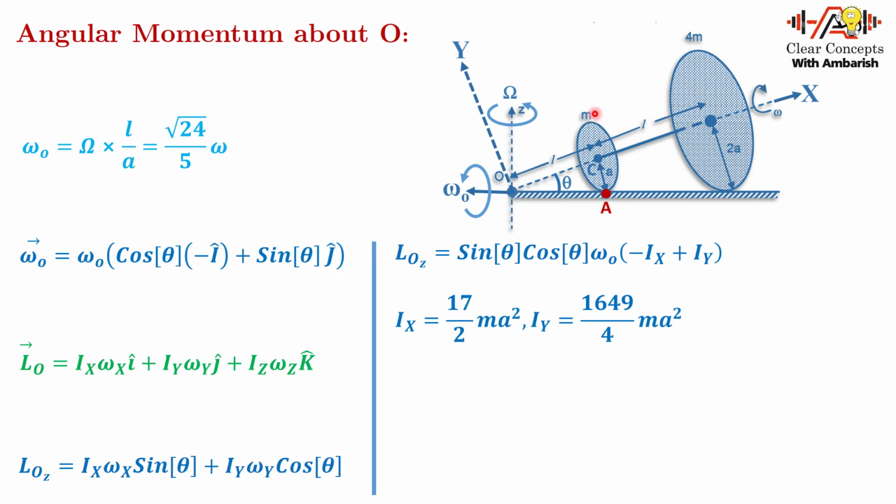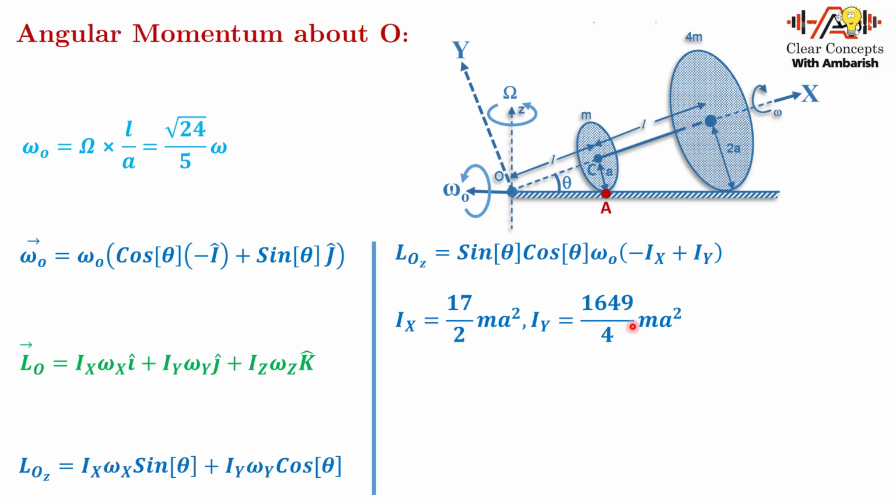So straight away you can see that whatever you get for this, the result for this will be 16 times that. So you can find the result for this and multiply it by 16 and add, which gives you 17 by 2 ma square. You can use that as a trick for calculation. Anyhow, it's very easy to calculate the moments of inertia.